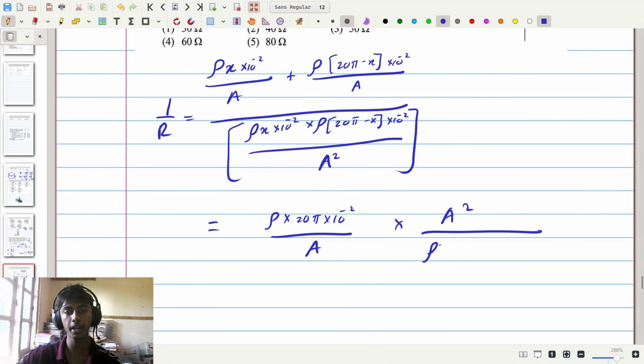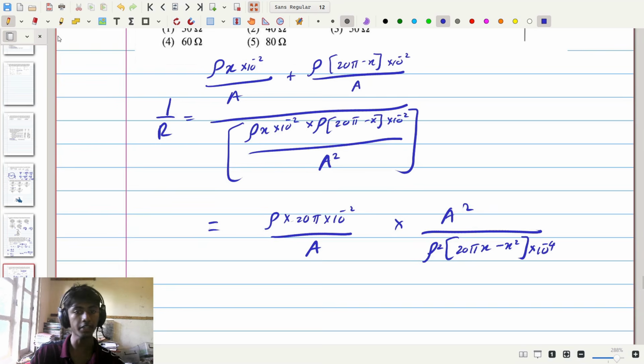which will be rho squared times, and if I take this x on the inside here, we can get 20 pi x minus x squared times the 10 to the minus 2 times 10 to the minus 2, or times 10 to the minus 4.